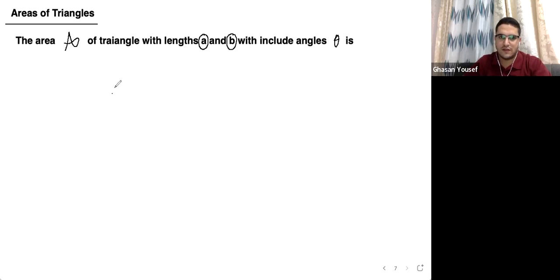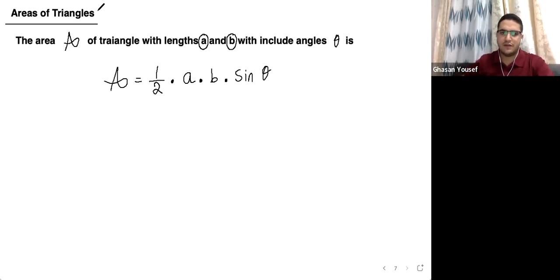It is like this. Script A equals 1/2 times a times b times the sine of theta. This angle theta is between a and b. So I will give you an example to show you how we can apply this formula.